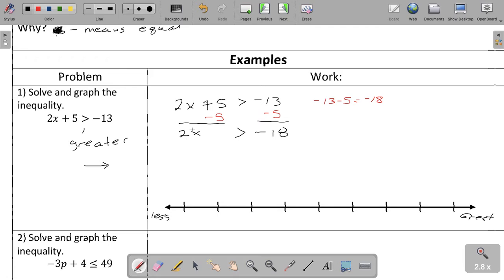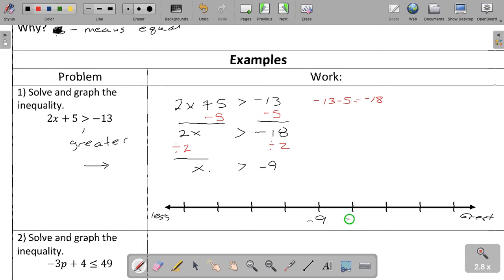Okay, and you undo 2 times x by dividing by 2. So I'm going to divide by 2. I'm going to divide by 2. 2x divided by 2 is x greater than negative 9. So x is greater than negative 9. We're going to pick a spot for negative 9. There we go.